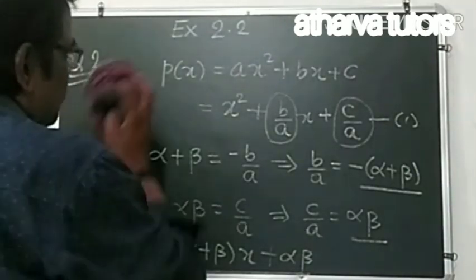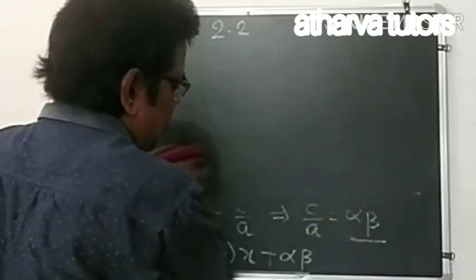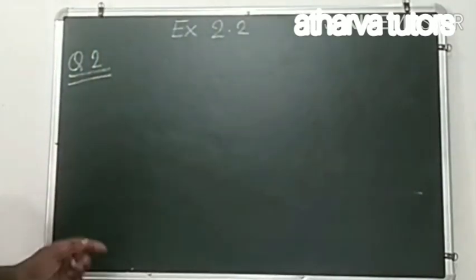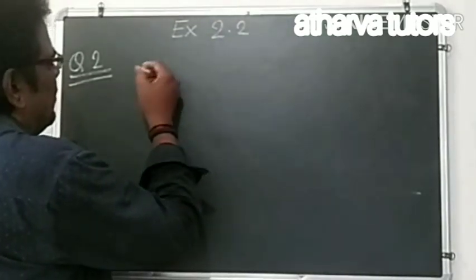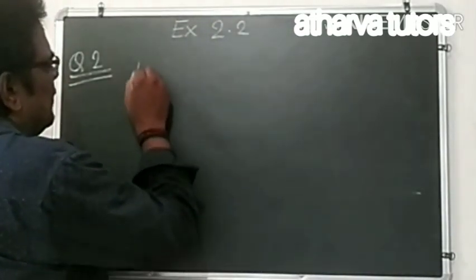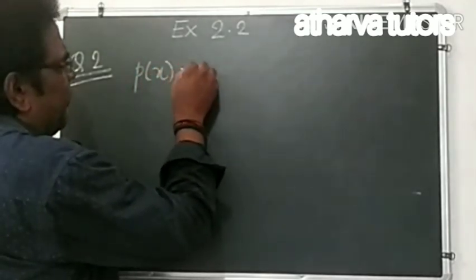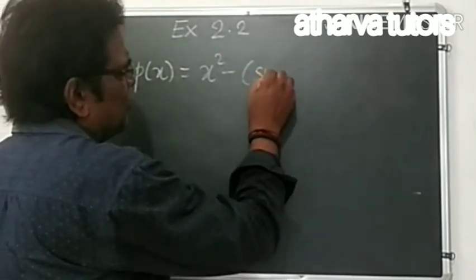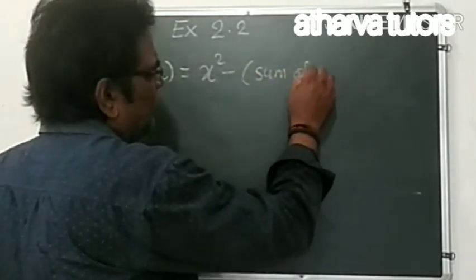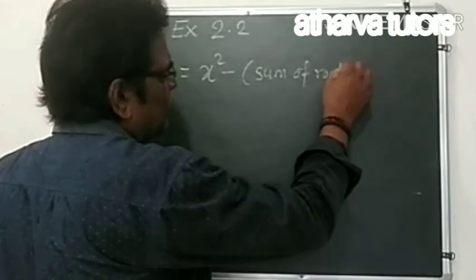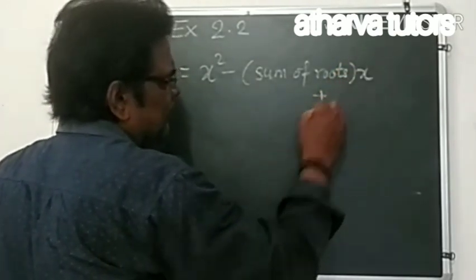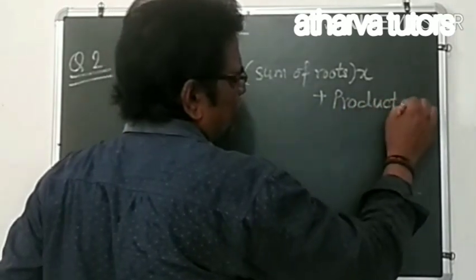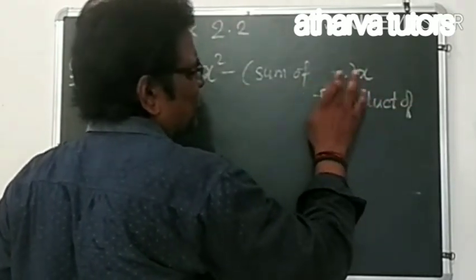So we can say that a quadratic polynomial can be written as px, if the variable is x, x square minus sum of roots into x plus product of zeros.